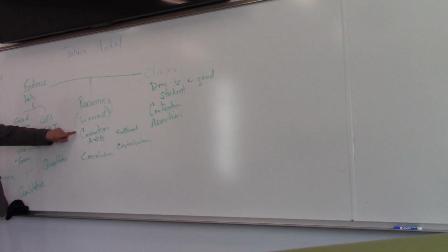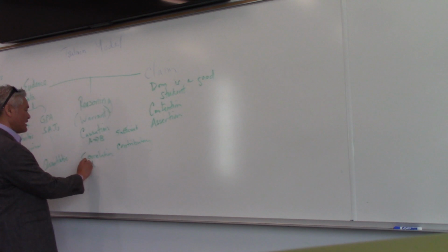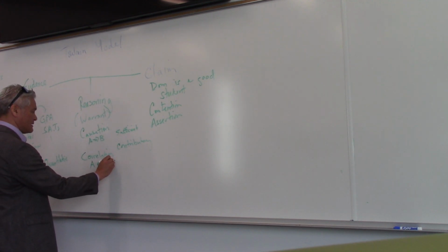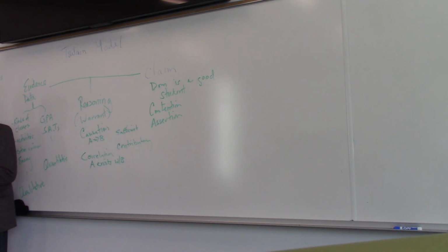And sometimes people will say causation and correlation are kind of the same thing, but they're not. I think a lot of times people use them synonymously. Correlation basically means A exists with B, but A doesn't cause B, they just exist together, okay?